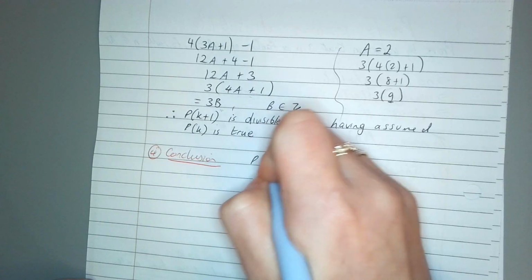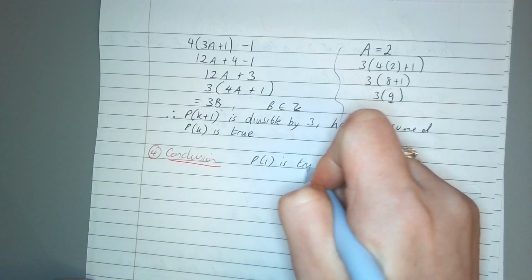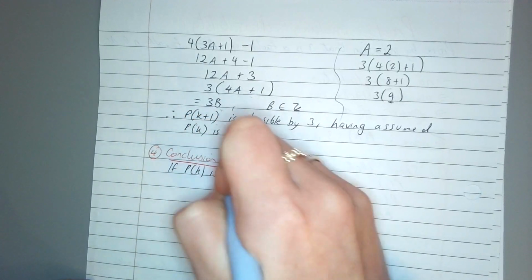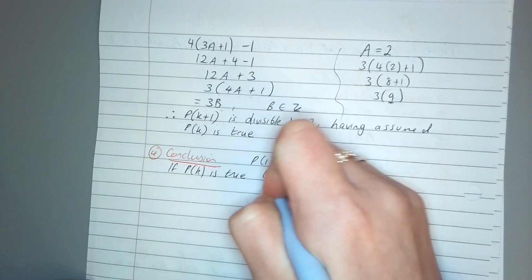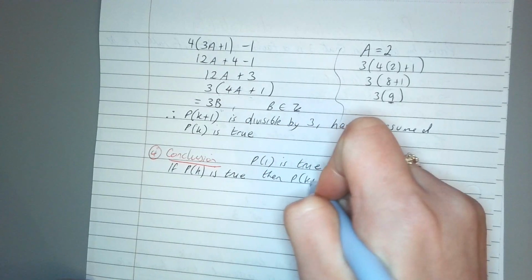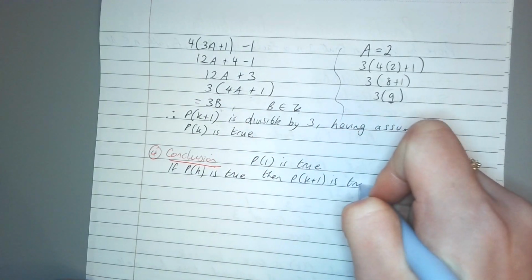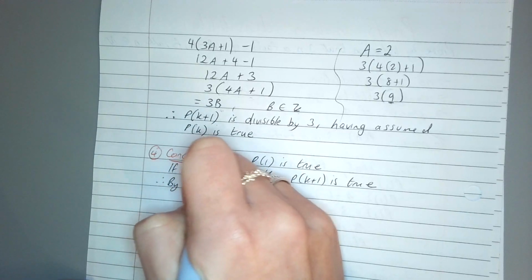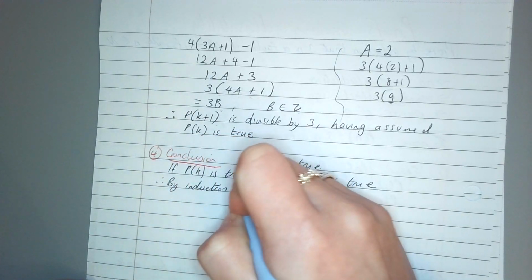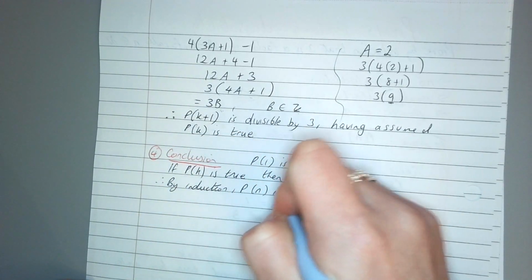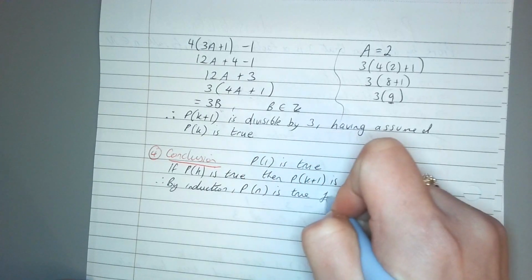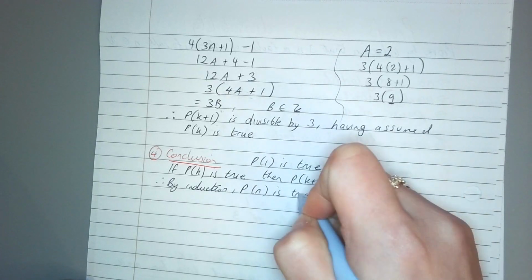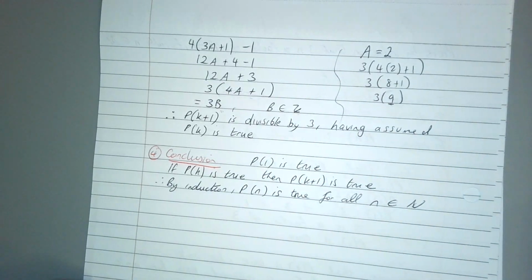We've got p1 is true. We've got if pk is true, then pk plus 1 is true. And then by induction, proposition of n is true for all n an element of N. So that's our first proof by divisibility.